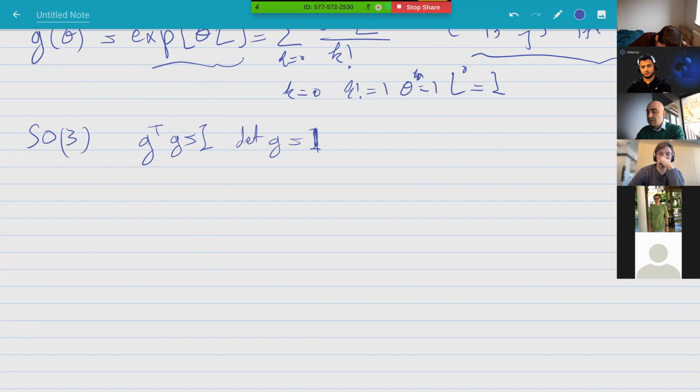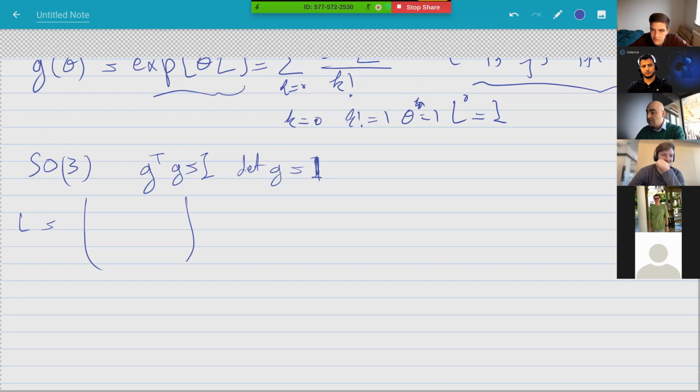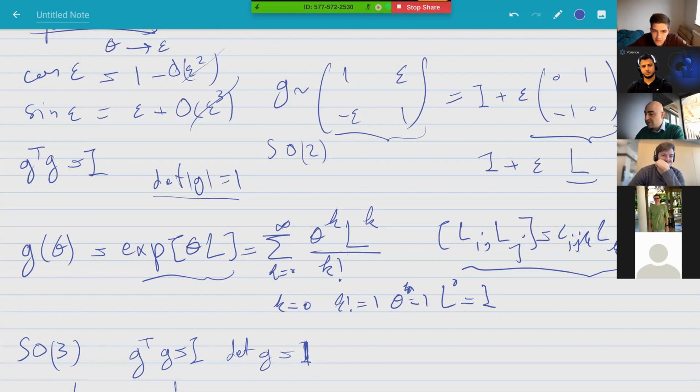These matrices, you can build 3 generators, which are very similar to the 2D generator, but they have 1 extra dimension. When I say generators, this is a bad habit from physics. An infinitesimal generator of the group is a Lie algebra element. So sometimes, instead of saying Lie algebra basis or Lie algebra element, I'll just say generator.